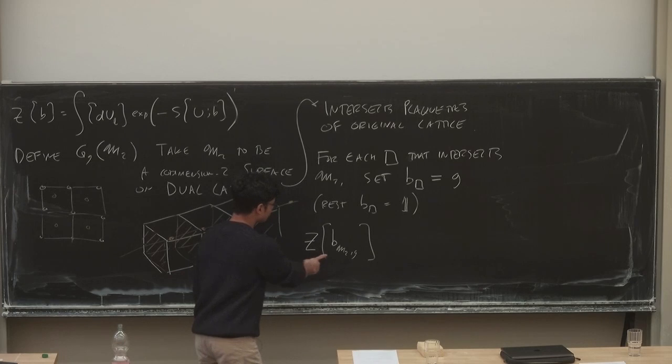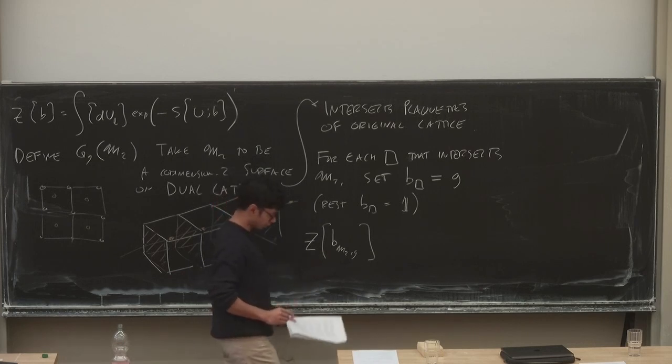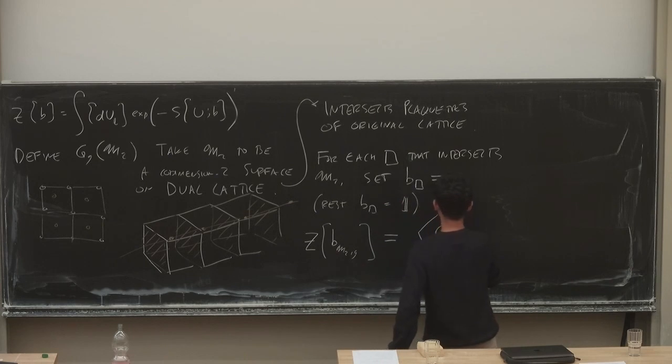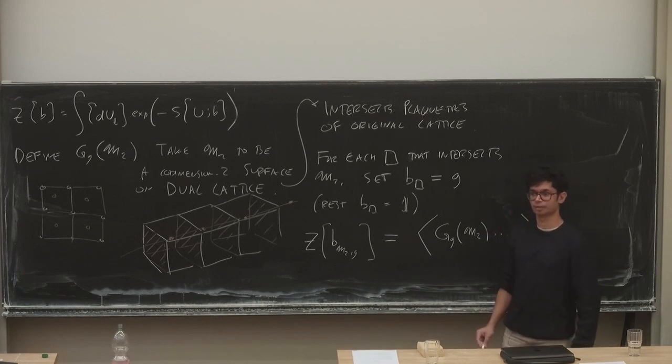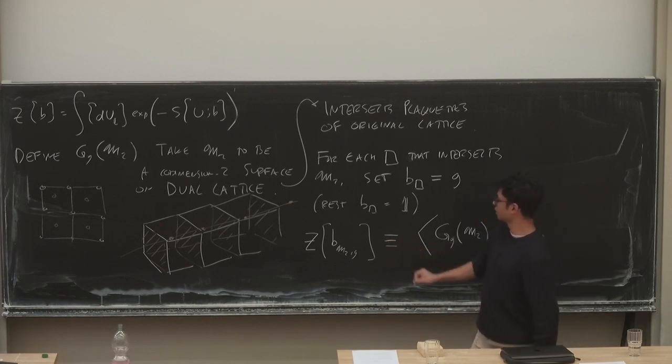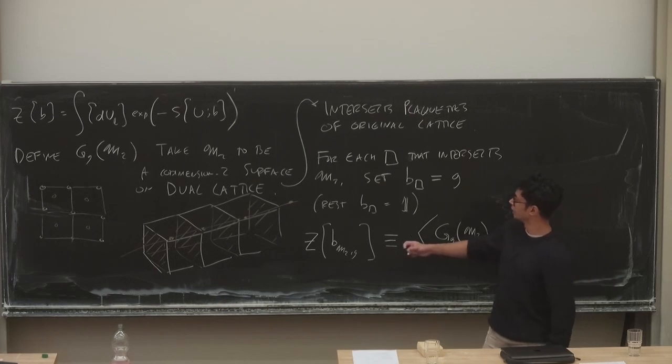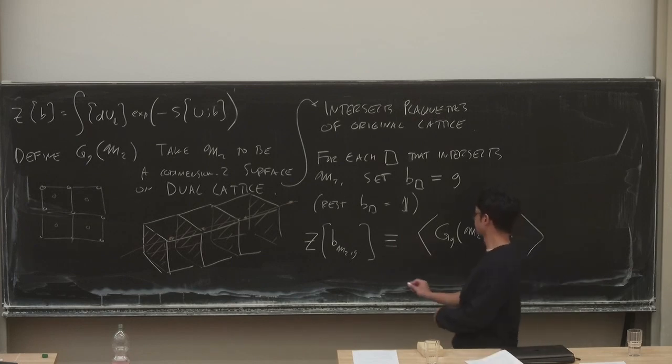The path integral in the presence of this source is equivalent to inserting the Gukov-Witten surface operator in the path integral. This is the definition of the Gukov-Witten surface operator: to do the path integral in the presence of the source defined in this manner. Does that make sense to everybody?